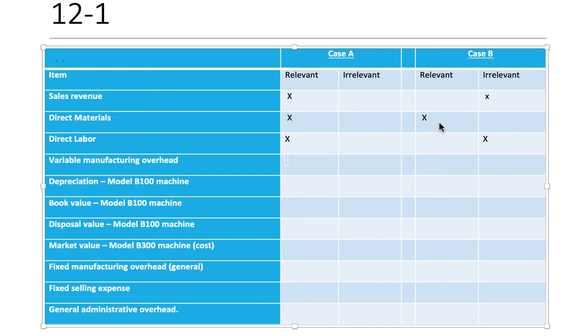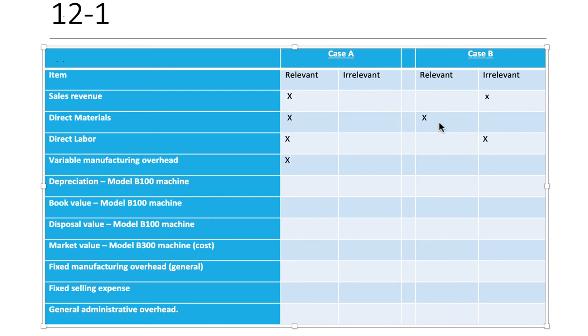Now let's look at variable manufacturing overhead. Hopefully you're getting the idea here and you're going to say, hey, that's relevant. And you'd be right. It is relevant. The reason why it's relevant is because we're adding a new machine, we're increasing our costs, right? We're going to increase that variable manufacturing overhead.